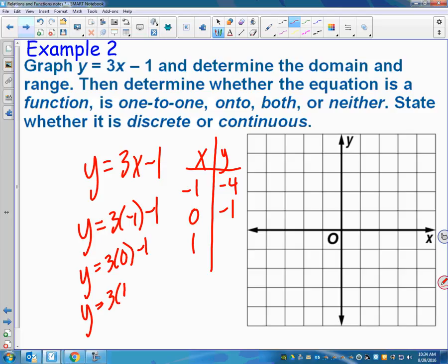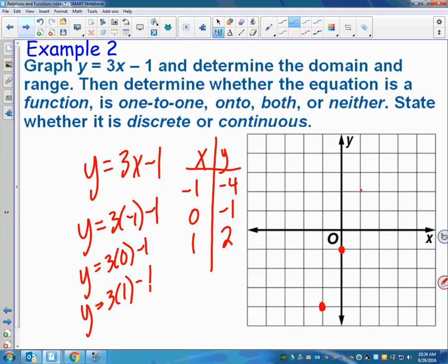I plug 1 in there, I get 3 minus 1, which is 2. You can calculate it, and I can graph those points, x and y. So -1, -4 would be right here. 0, -1 would be right here.